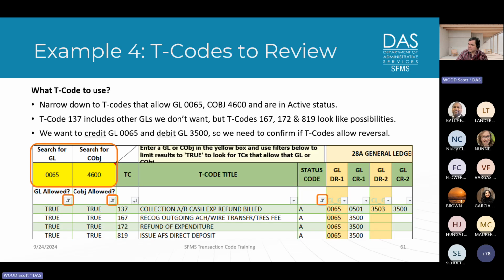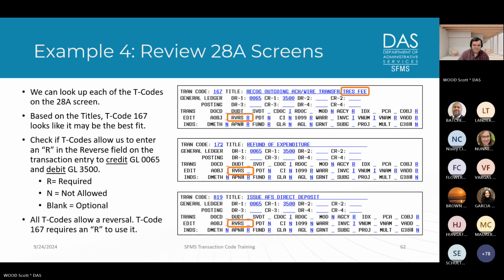From there, you'll need to find a T code that allows for GL 0065, GL 3500, and comp object 4600 and is in active status. Filtering by all of that, we can see we've got 4 options for T codes: 137, 167, 172, and 819.